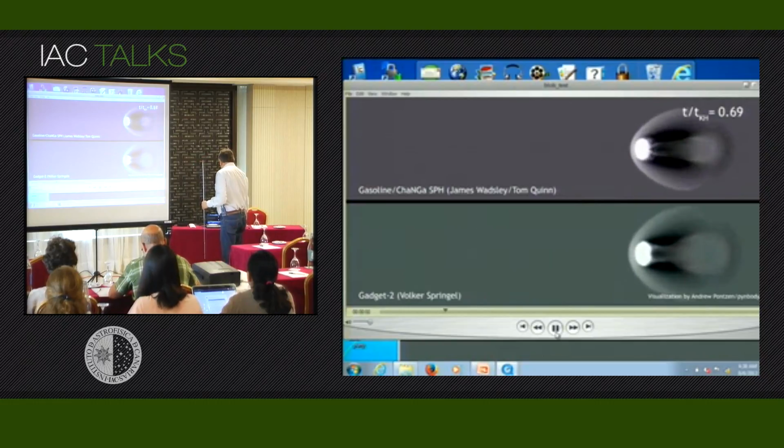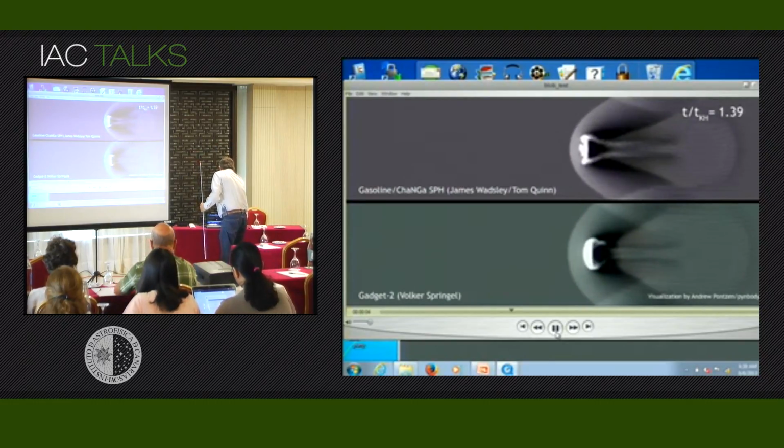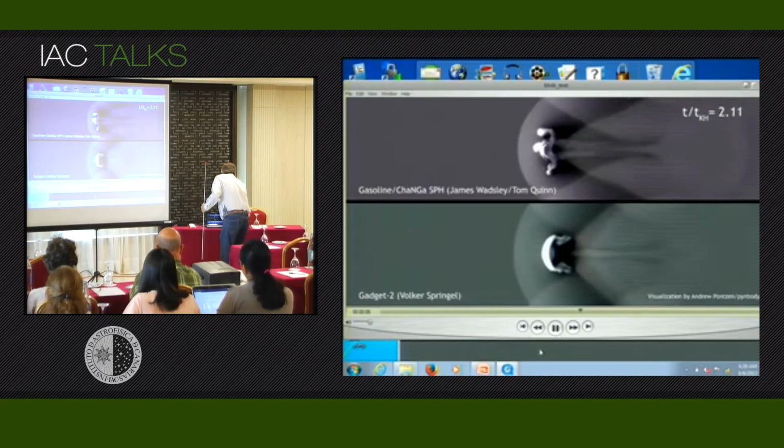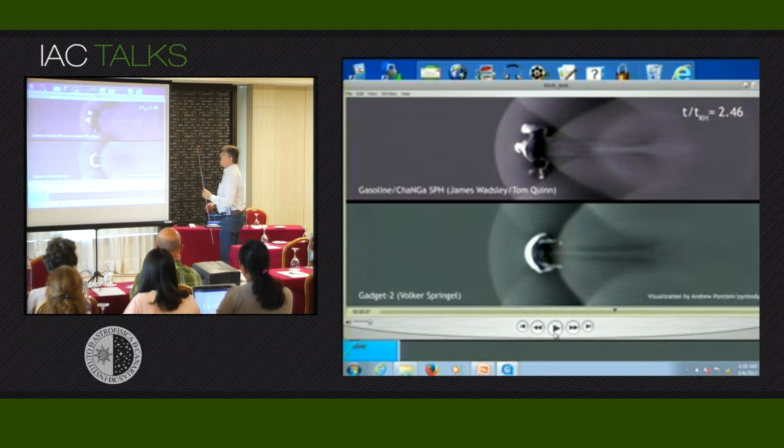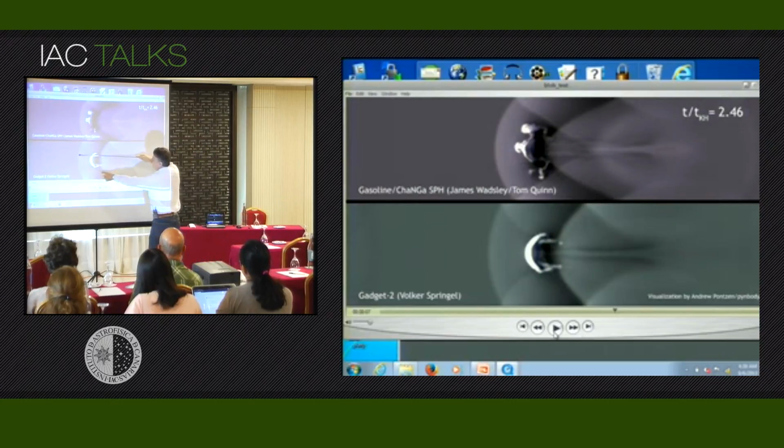So it should not only suffer from Kelvin-Helmholtz instabilities, but it should also disrupt. And so what you're seeing here is more or less the same to begin with. If both codes are doing the right thing to begin with, let's pause it at this point here.